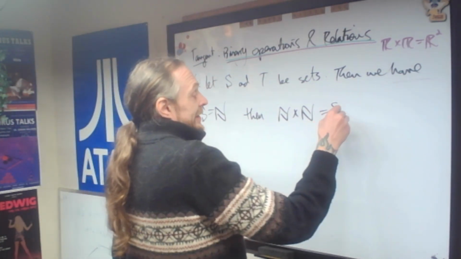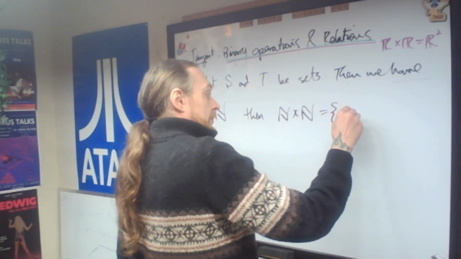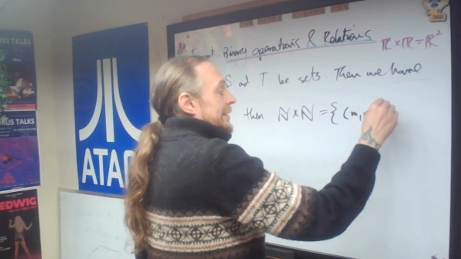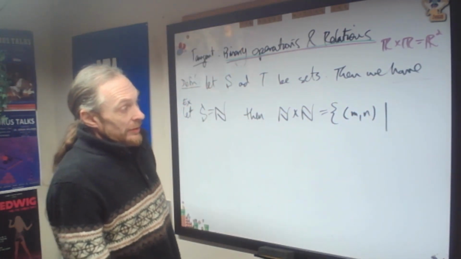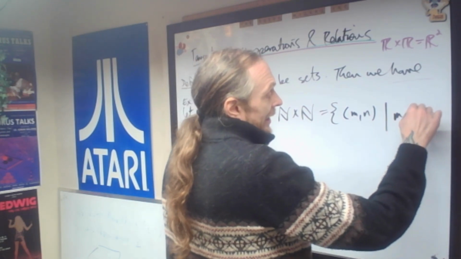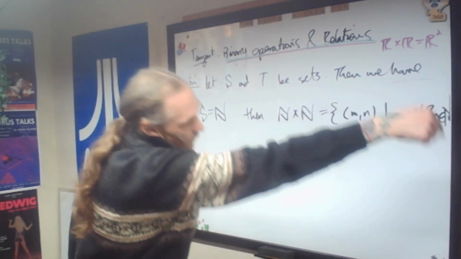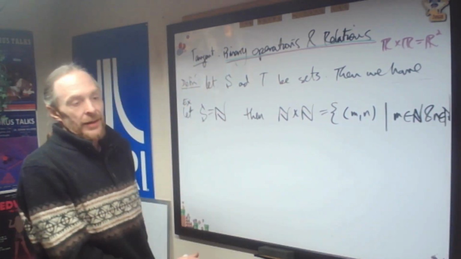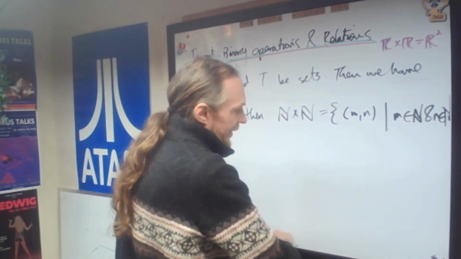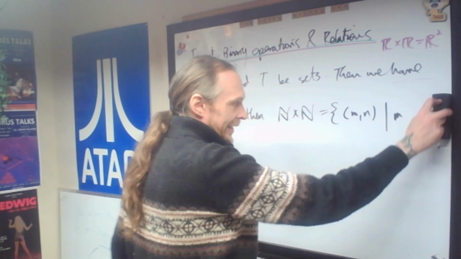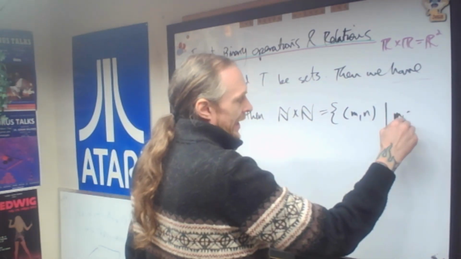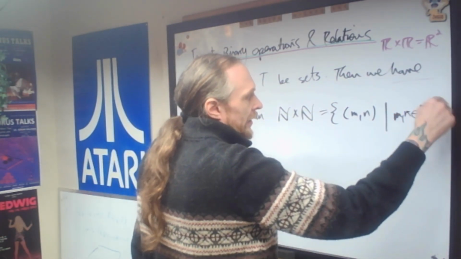This means that this is going to be the set of pairs M and N such that, we're going to read this in set builder notation, M is in N and N is in N. It's actually the same one, close bracket. But you could write it also like this, because N is the same in this case: M and N are in N, close bracket.